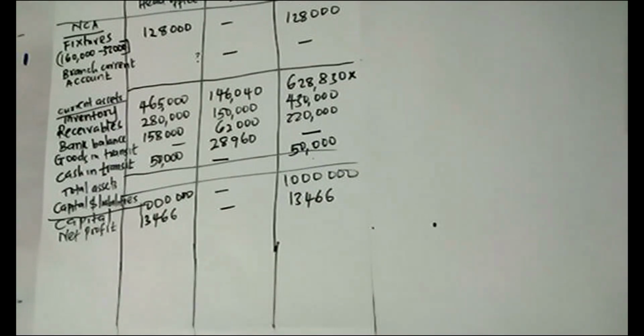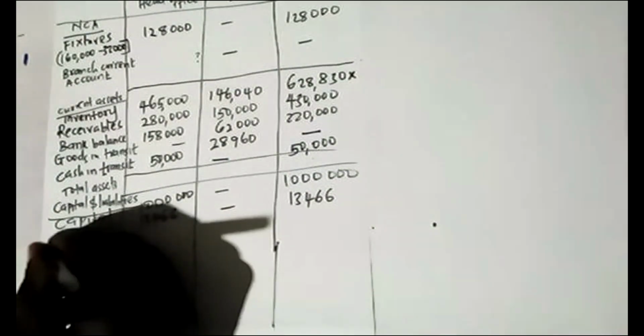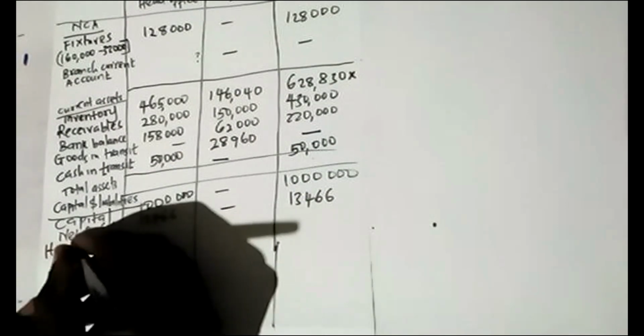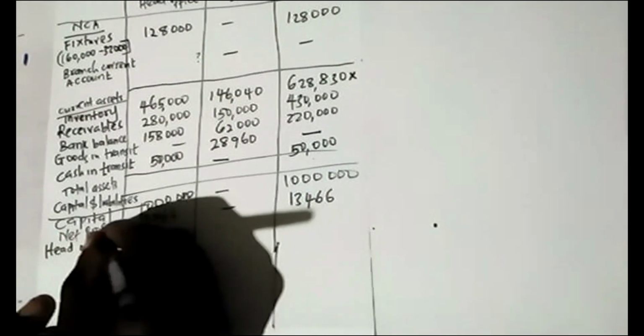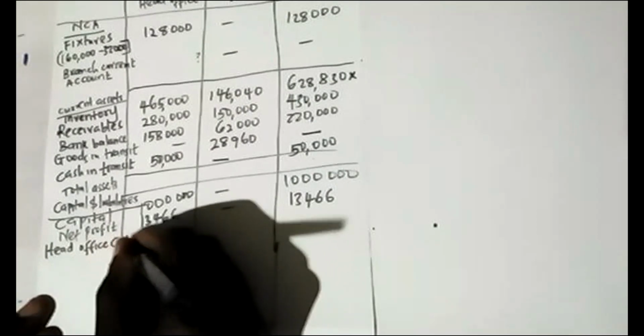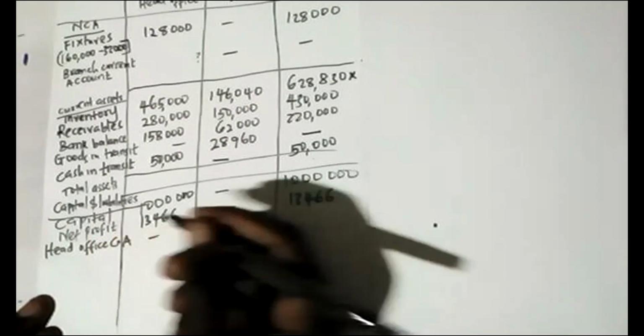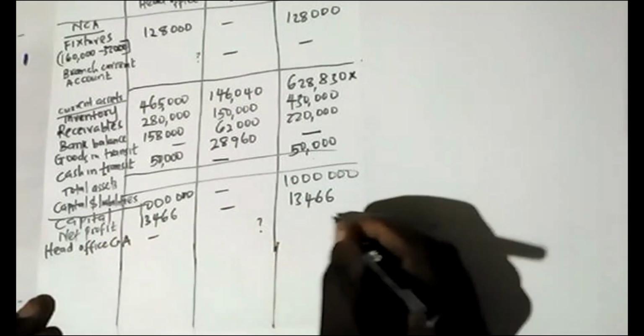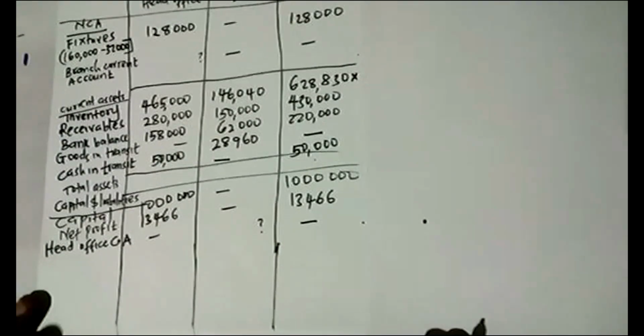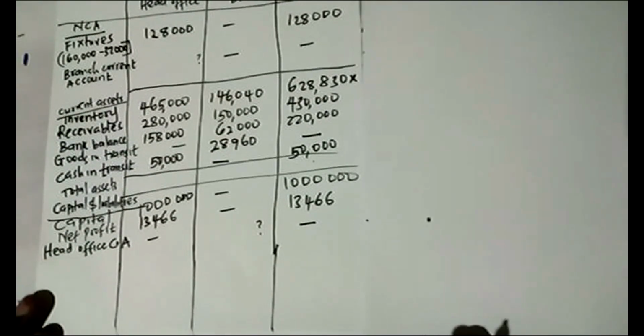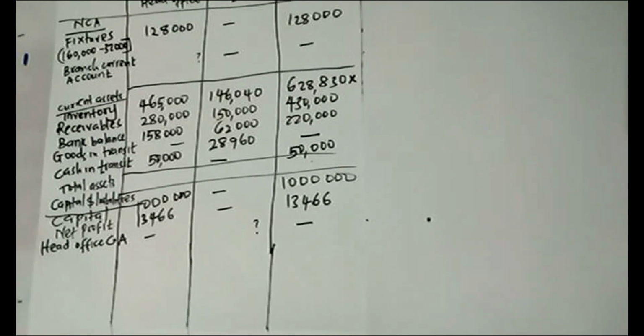the branch maintains head office current account. Current account. So of which it's supposed to be recorded there under the branch. Why? Again, this one is well explained on the notes I started with.